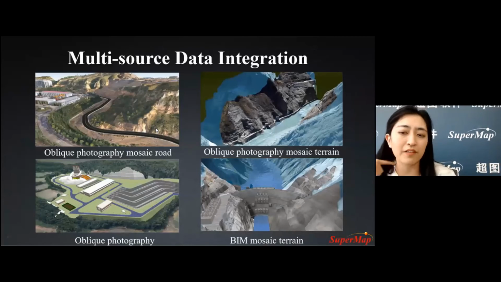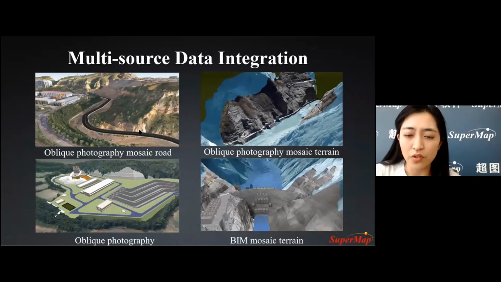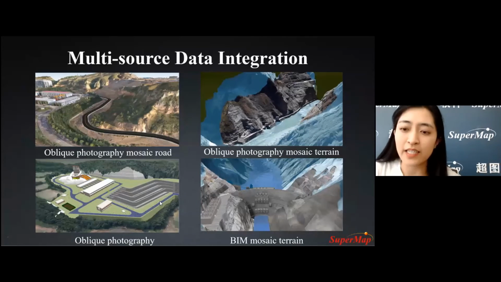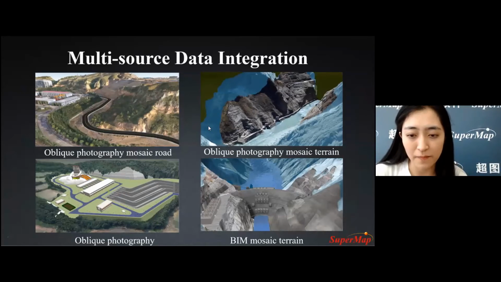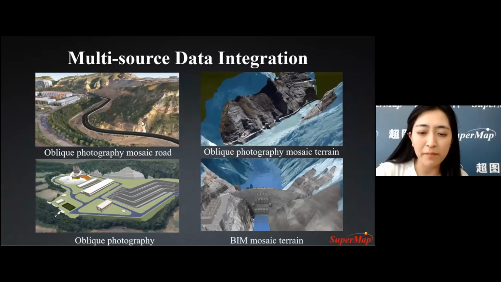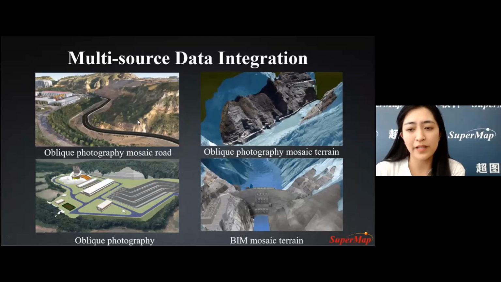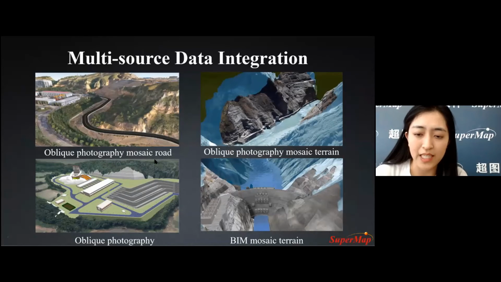So multiple data with different precision can be integrated in the same 3D scene. Like the low precision data can be combined with the high precision data by certain operations and the tool set, so that BIM and the oblique photogrammetry can be seamlessly integrated with other 3D data.